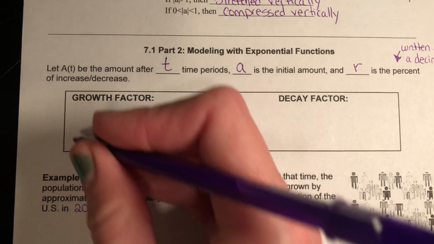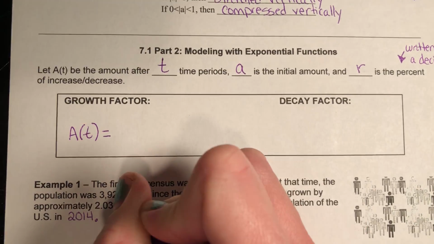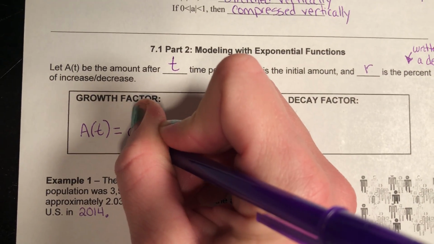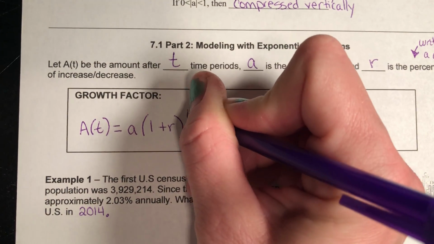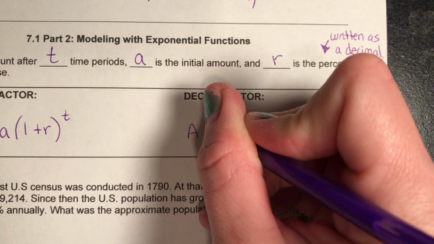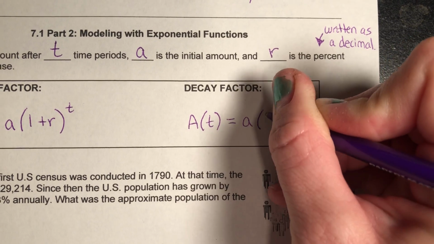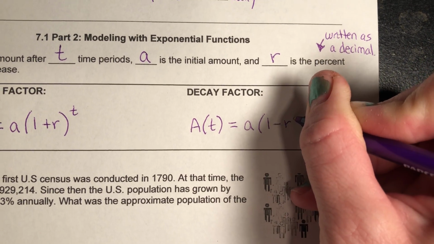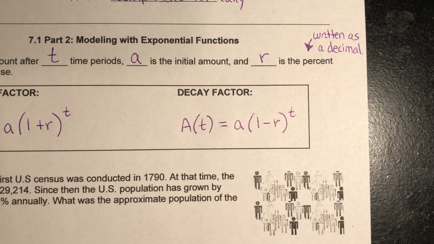Our growth factor is going to be A of t equals a times 1 plus r to the t power. And our decay factor is going to be A of t equals a times 1 minus r to the t power.